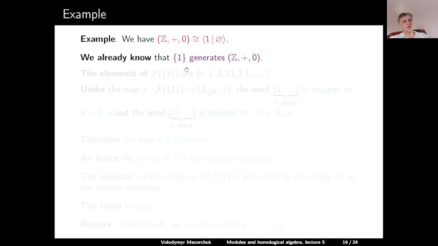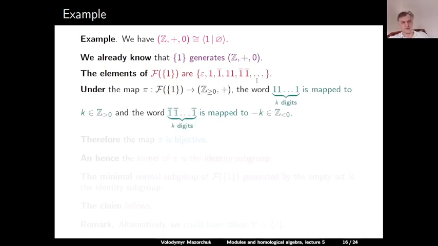Indeed, we already know that the integer 1 generates the additive group of all integers, and the elements of the free group on the singleton set {1} are exactly the empty word and then the words in the alphabet 1 and the words in the alphabet 1 inverse, which we denote by 1 overlined. So we have 1, 1 overlined, 1 1, 1 overlined 1 overlined, and so on. This is because we have the relations that 1 1 overlined is the identity and 1 overlined 1 is the identity.